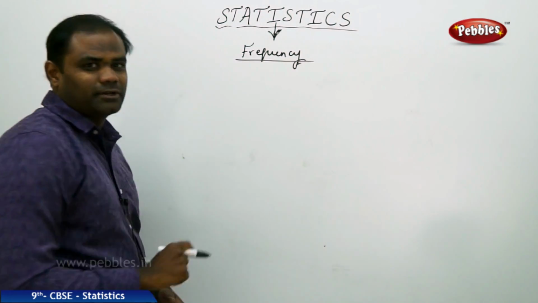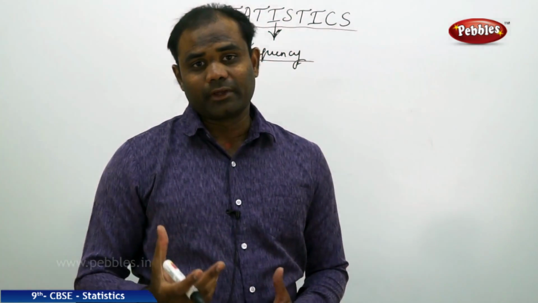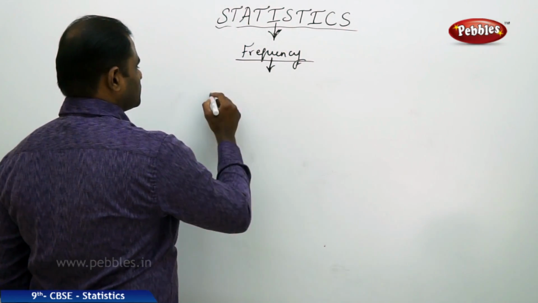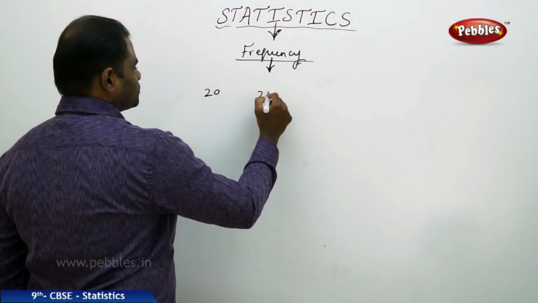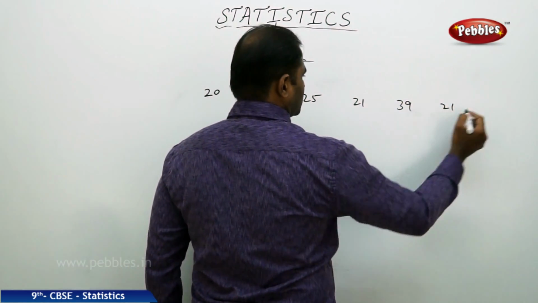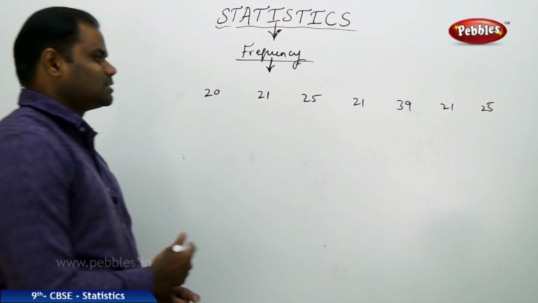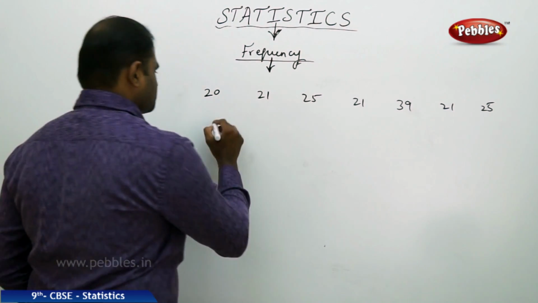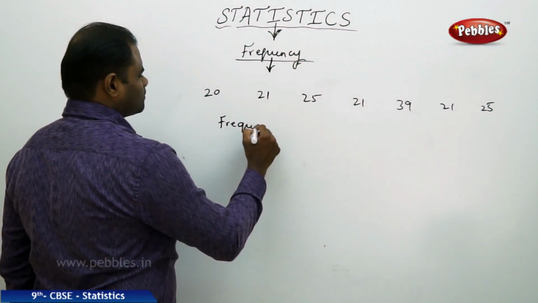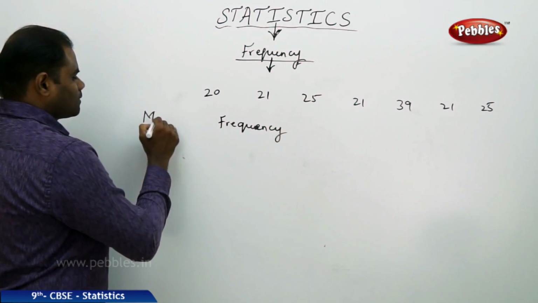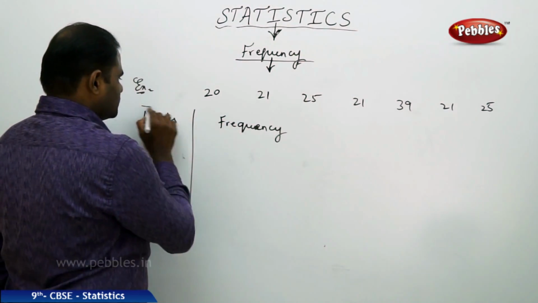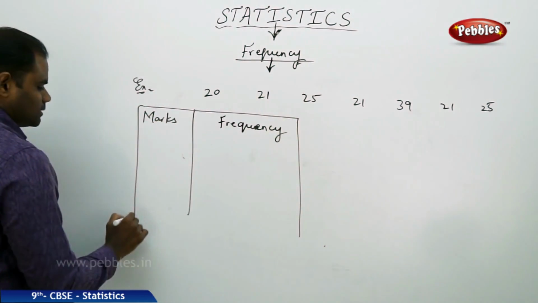So in statistics, frequency is said to be the most occurring value of that given problem. For example, if I say the marks are 20, 21, 25, 21, 39, 21, and 25, then let's see what is the frequency of each of them. Let's make a frequency column for that.